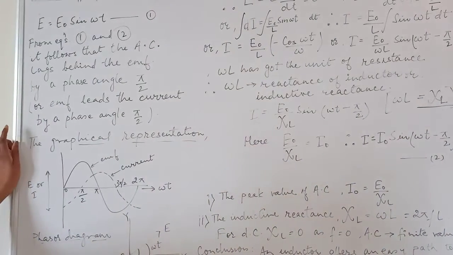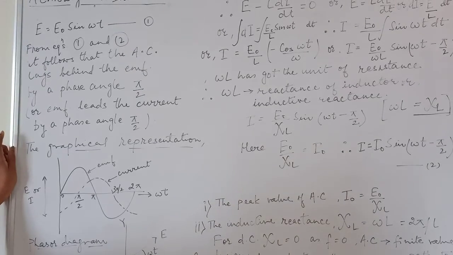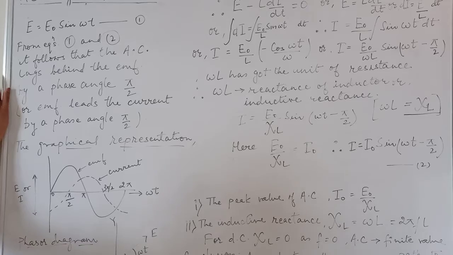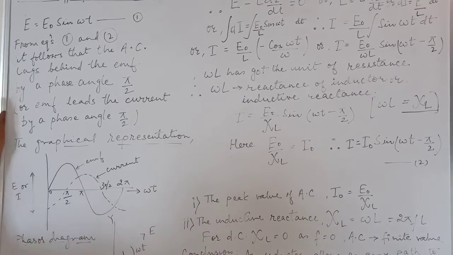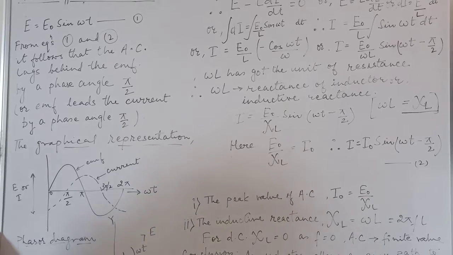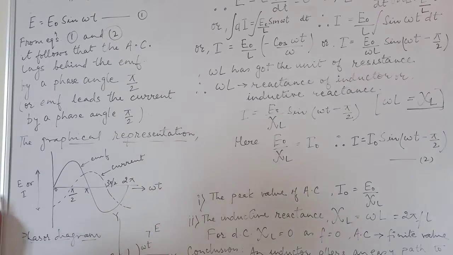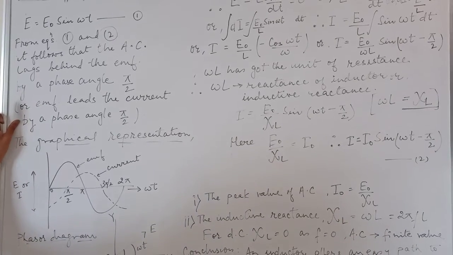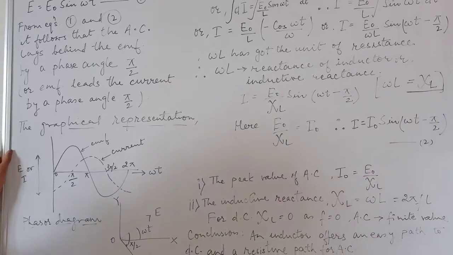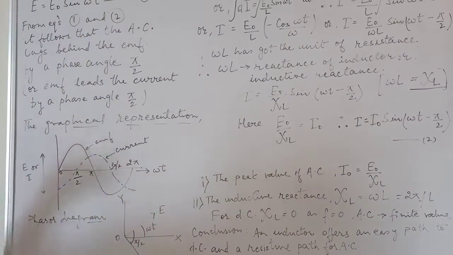So we can say the alternating current lags behind the EMF by a phase angle of pi by 2, or in other words, EMF leads the current by a phase angle pi by 2.